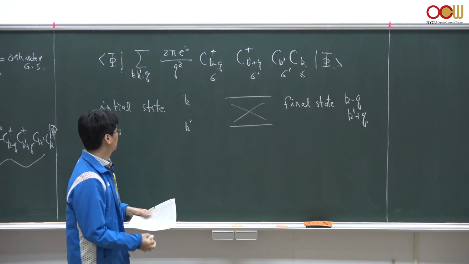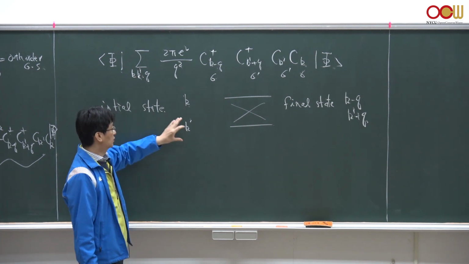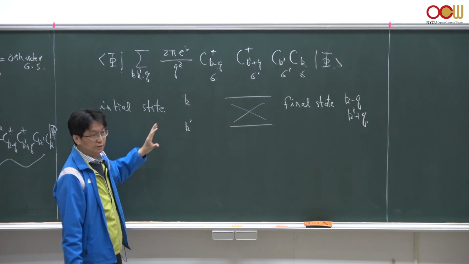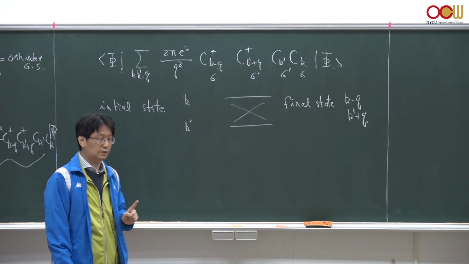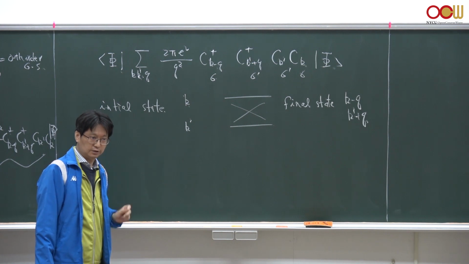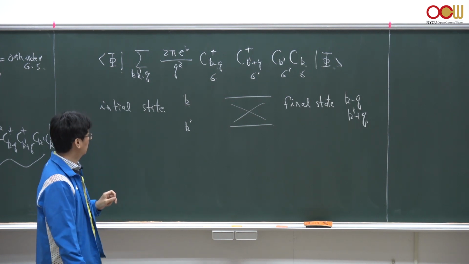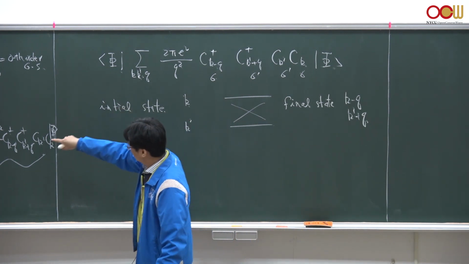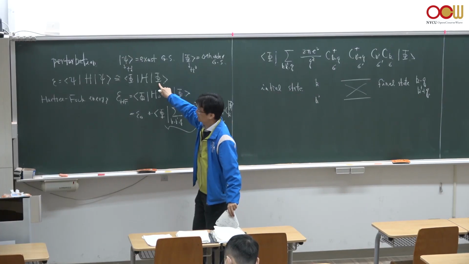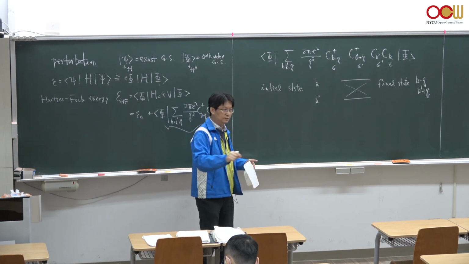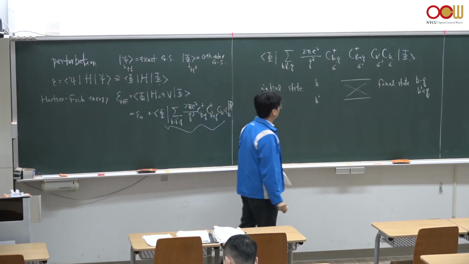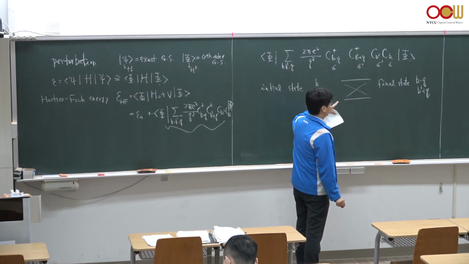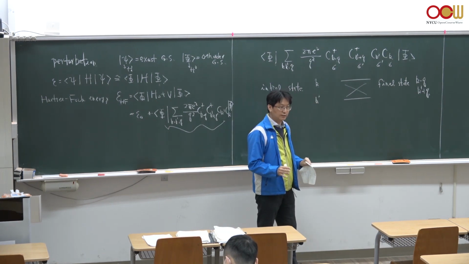So in general, we have four states, two initial and two final, and each of these four states is actually a non-interacting single-electron state. Because this is our basis, we perturb in the basis of the unperturbed ground state phi, which is the product of independent free electron wave functions, and those initial and final states are nothing but free electron plane waves.